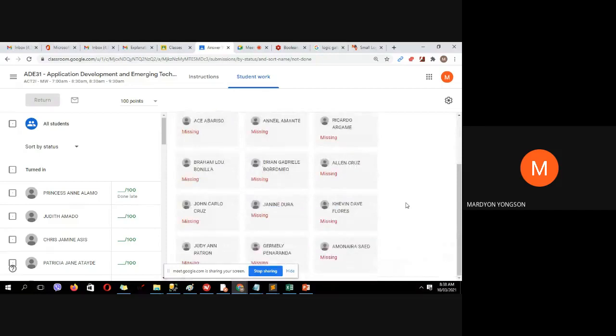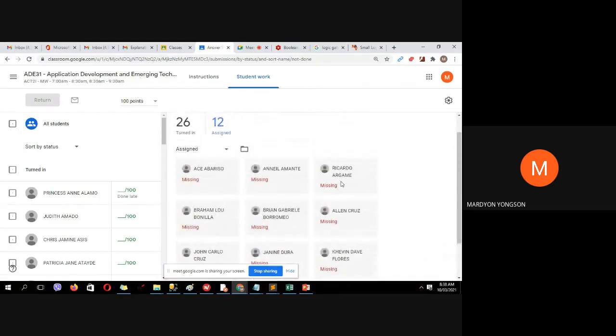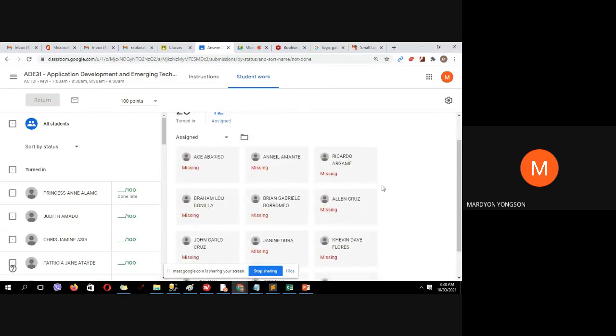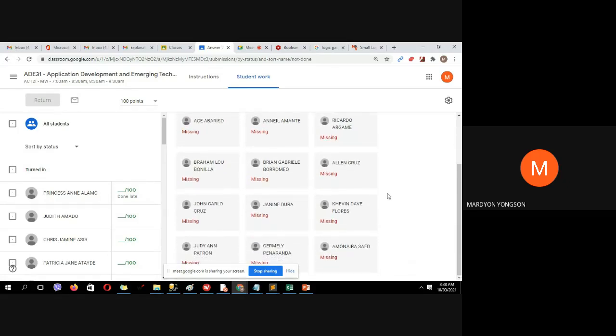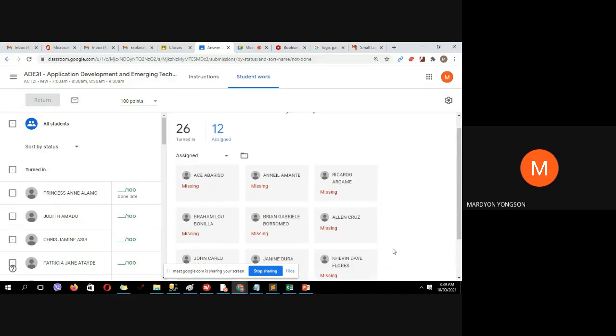Ayan, we have Bariso, Anel Almante, Ricardo Argame, Lubonilla, Gabriel Borromeo, Allen Cruz, John Carlo Cruz, Janine Dura, Kevin Dave Flores, Judy Ann Patron, Jeremy Lip Penaranda, and Amonaira Saed.